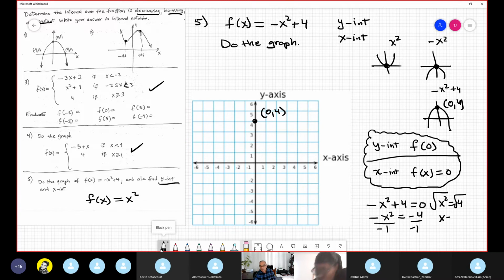So x is equal to plus or minus 2, because the square root of 4 is 2. And don't forget plus or minus. Okay, super. So 2,0 is our first x-intercept, and -2,0 is our second. And it makes sense because I know that our parabola opens down.